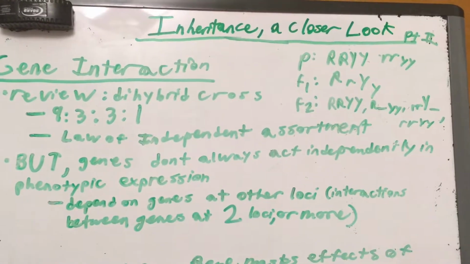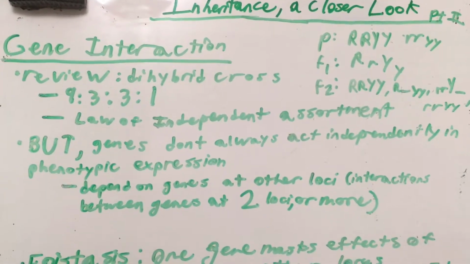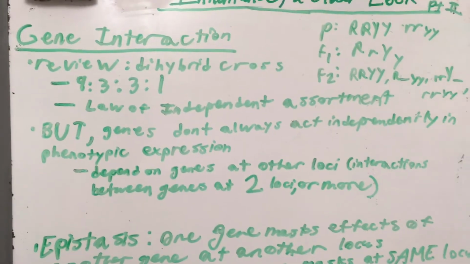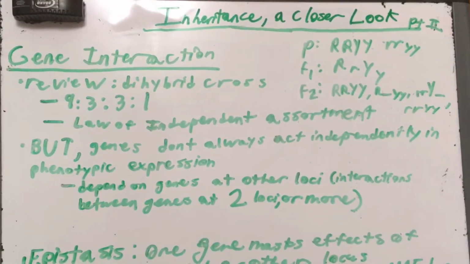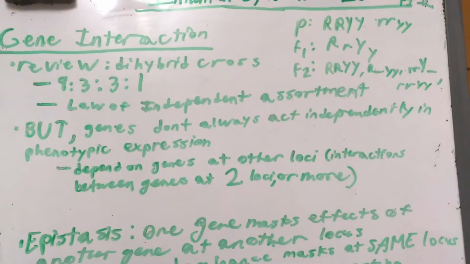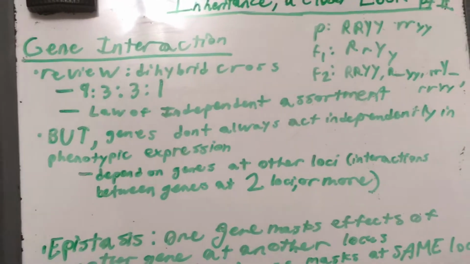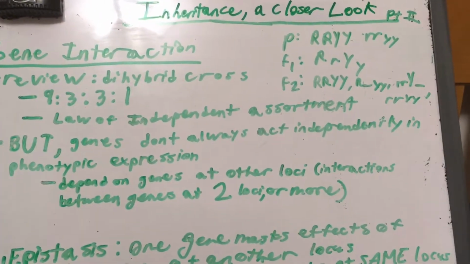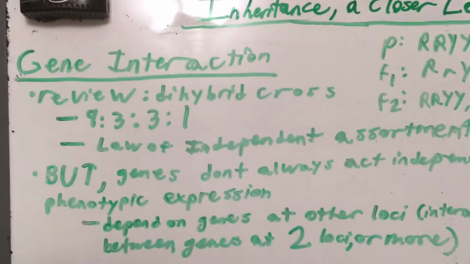Now, this occurs due to the law of independent assortment, which was one of Mendel's postulates. But genes don't always act independently in a phenotypic expression. Usually, they depend on genes at other loci, and this is due to interactions between genes at two loci or more. And this is what we call gene interaction.